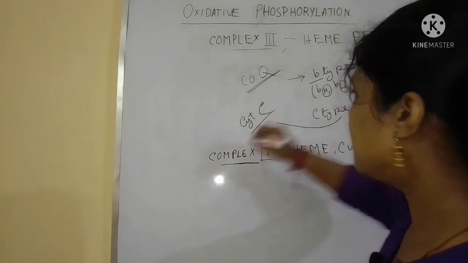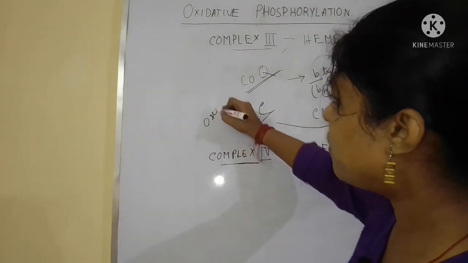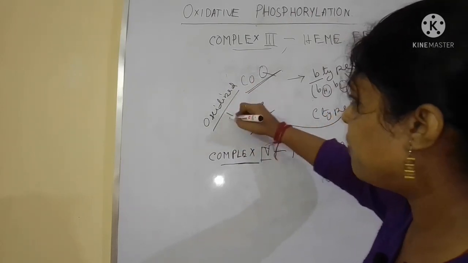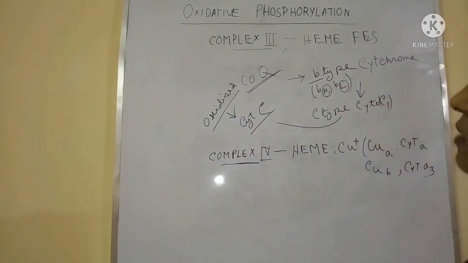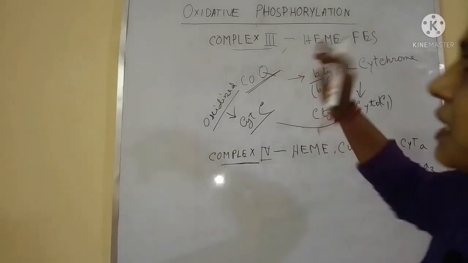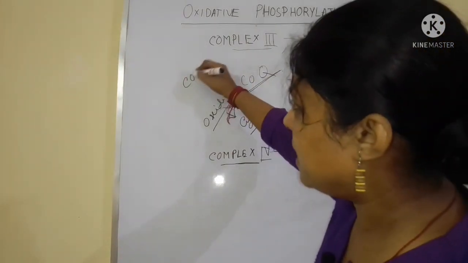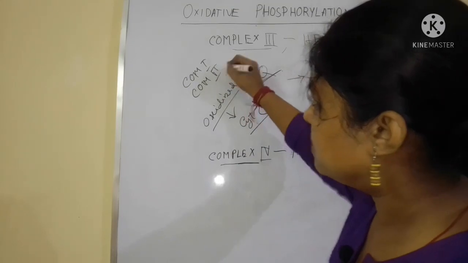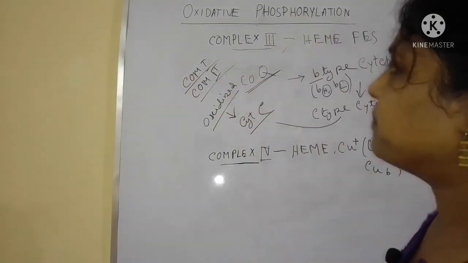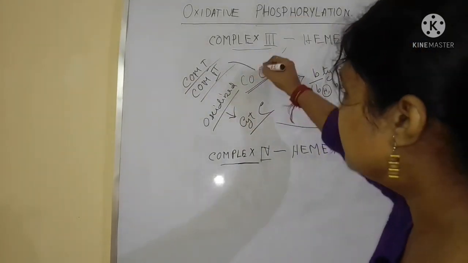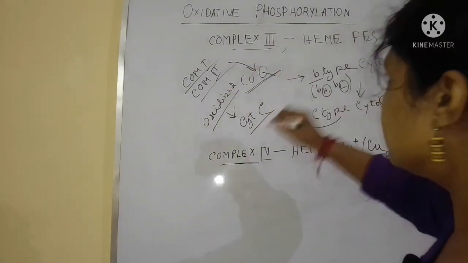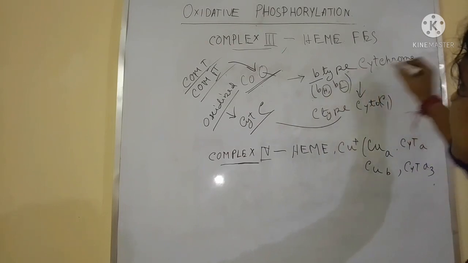What happens here? That means complex 1 and complex 2 both transfer electrons to CoQ. Clear? Then from CoQ, the electrons are transferred to the B-type cytochrome.